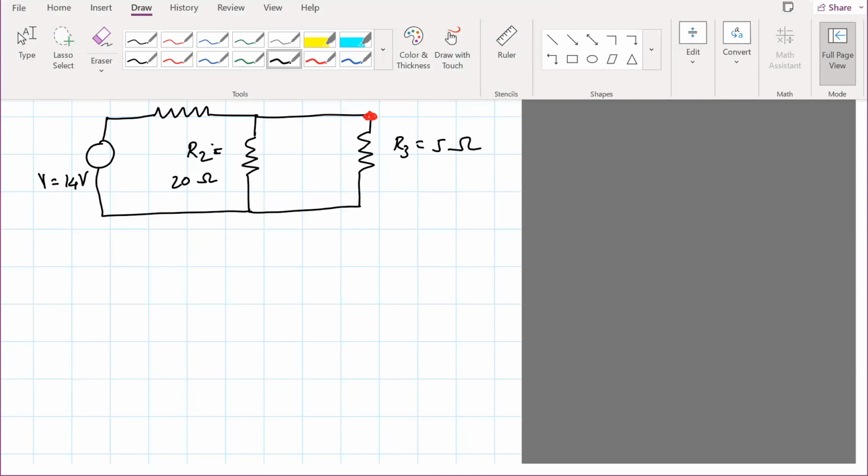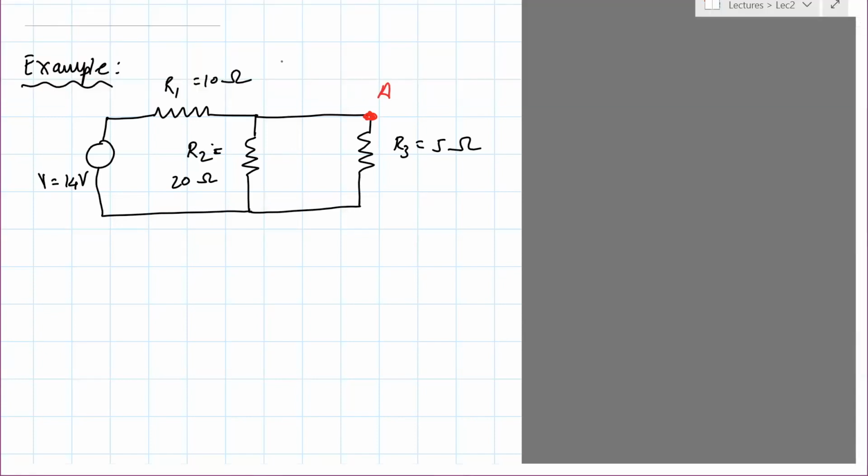Okay, so the questions are: one, compute the equivalent resistance. That's the effective resistance.